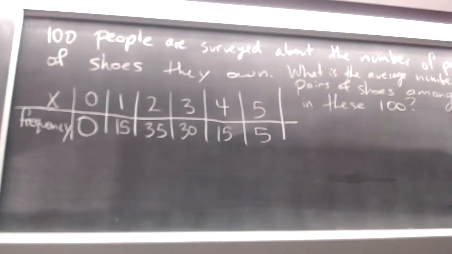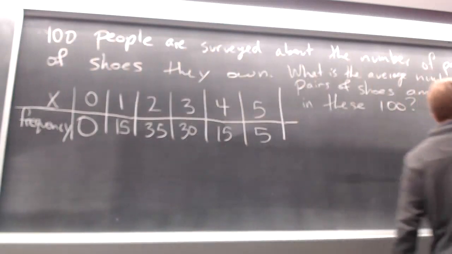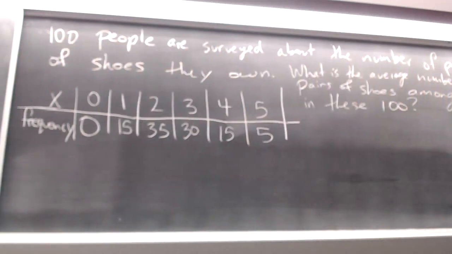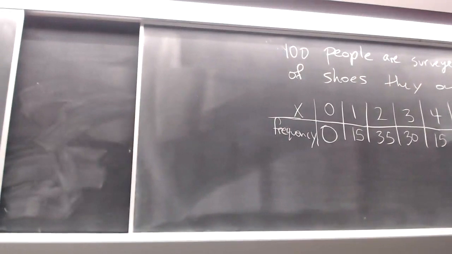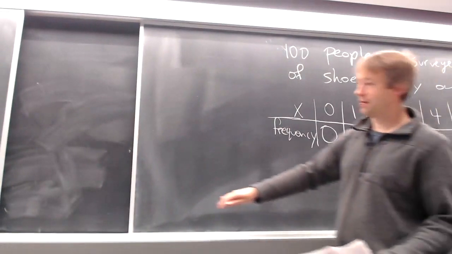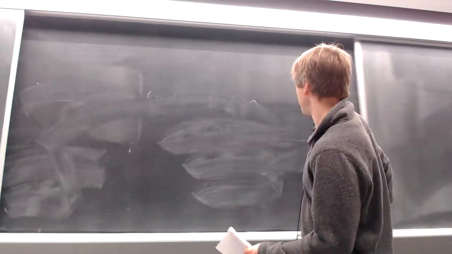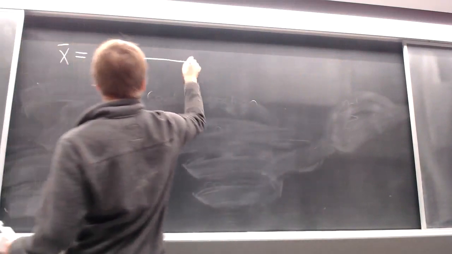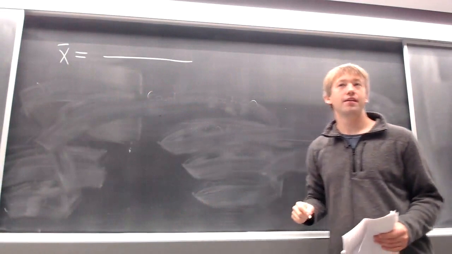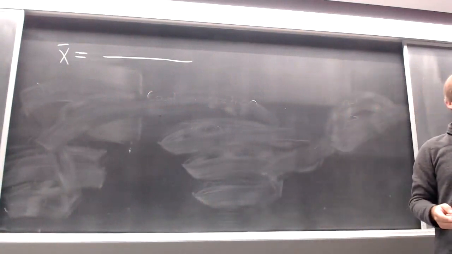Okay, so, right, we're just going to apply this formula. You're going to have a whole bunch of numbers, add them up, divide by n. Can anyone see what I should divide by? Any other thoughts about it?